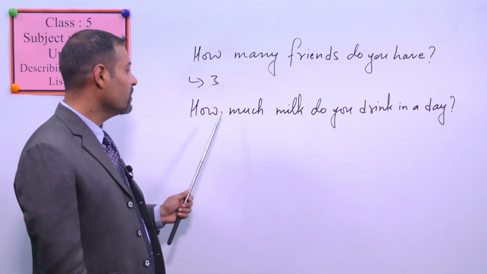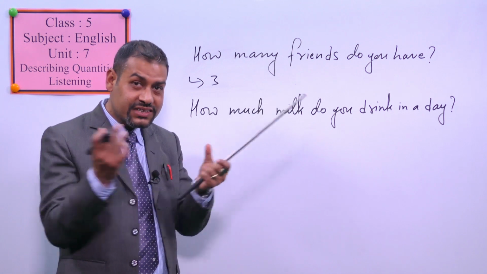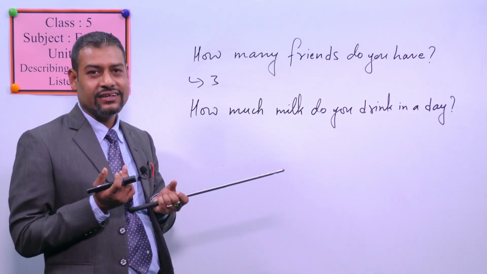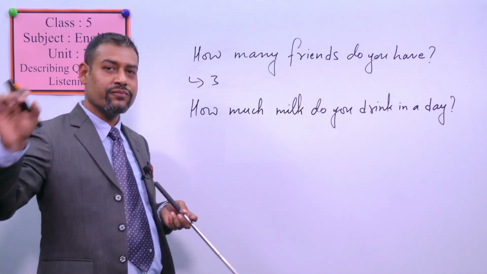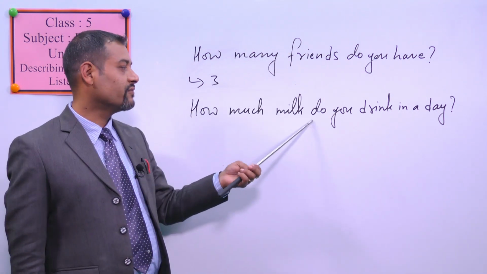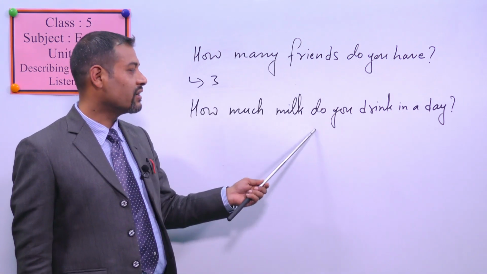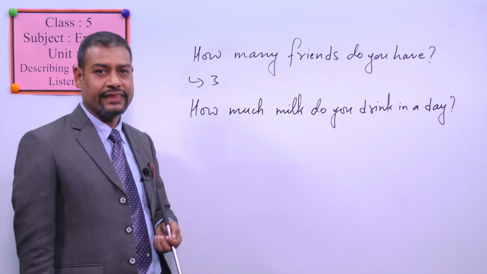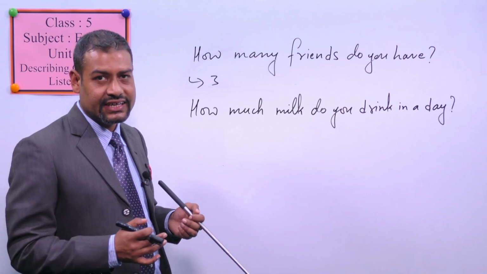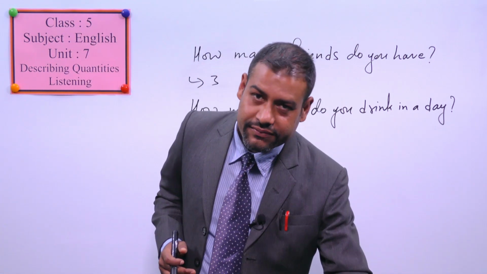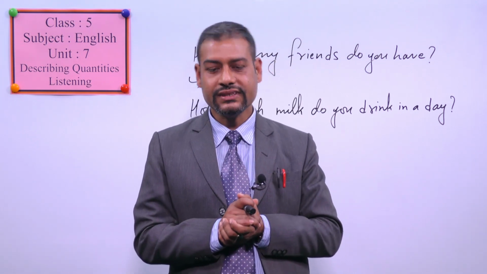So if I ask you, how much milk do you drink in a day? We cannot count milk. So for the quantity, if you drink a glass of milk, you can say a glass of milk. Or you can say, I drink a glass of milk in a day. So you have to say the quantities in English, because in Unit 7 we are learning to describe quantities. Is it clear to you?